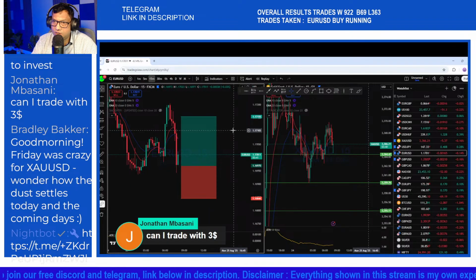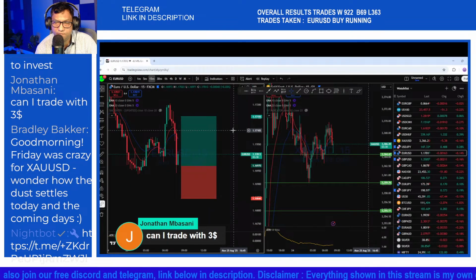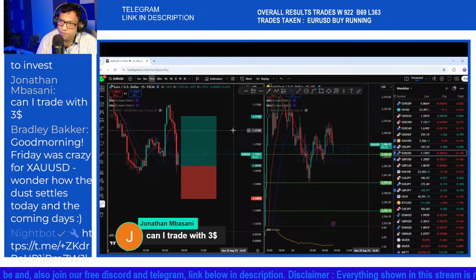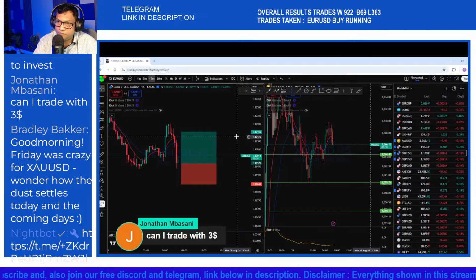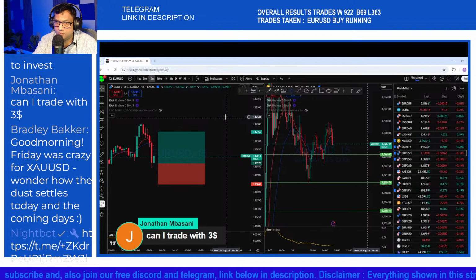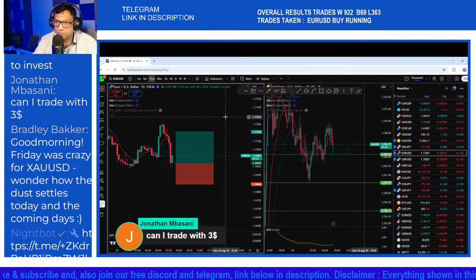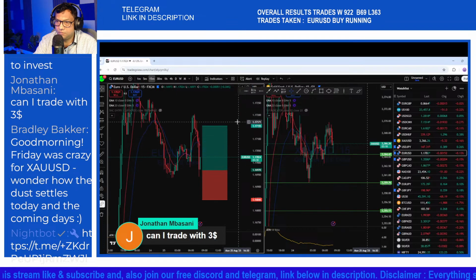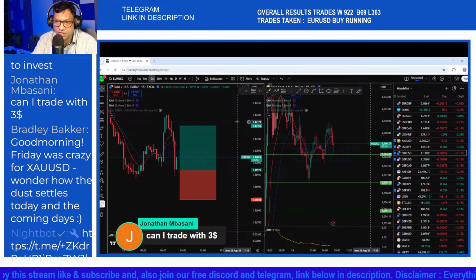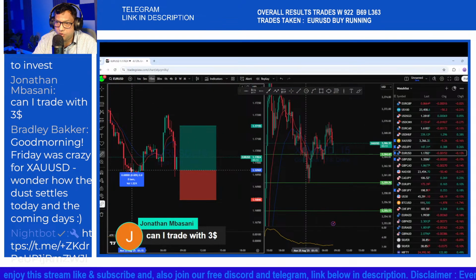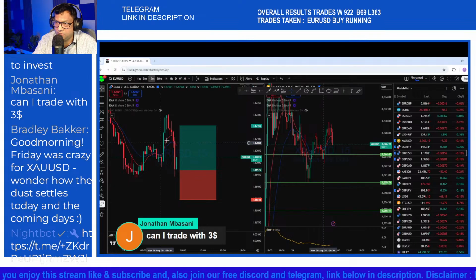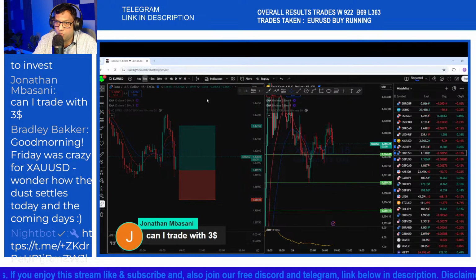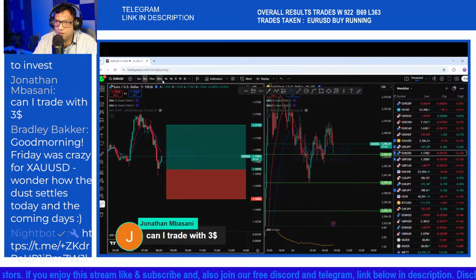Now the 15 minutes, we would like it to close with a bigger bullish move. Okay, it's moving in that direction, and anytime I do any update with the trade, I will let you know, guys. So let's try to catch that move here on euro dollar.